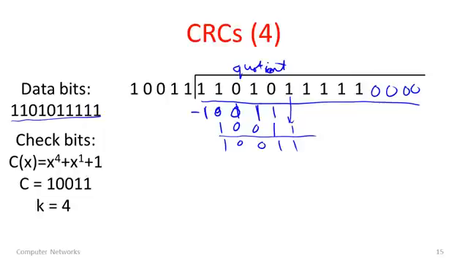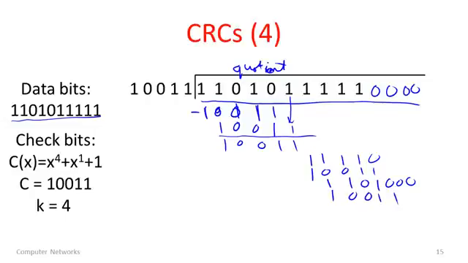And now what we're left with is down here. I'm going to copy down these digits. Now I'll continue subtracting 1, 0, 0, 1, 1 from this, and I'll get 0, 1, 1, 0, 1, and I've got another 3 zeros here. Do it again, 1, 0, 0, 1, 1.